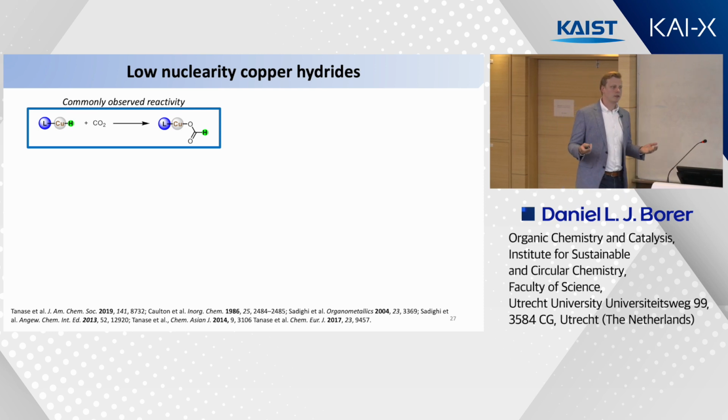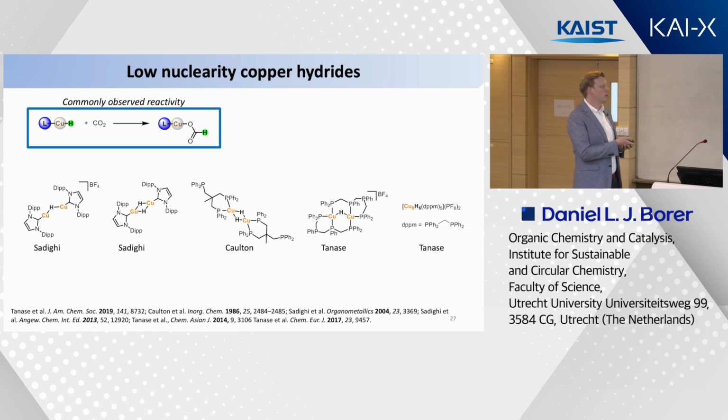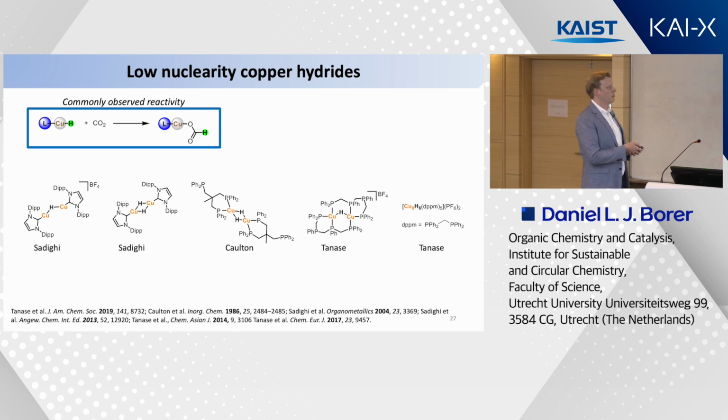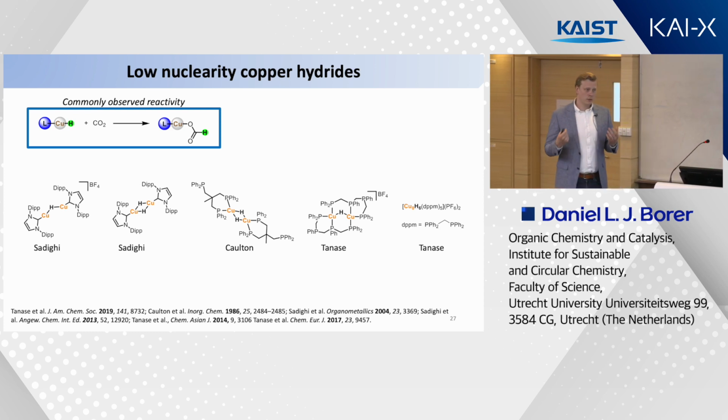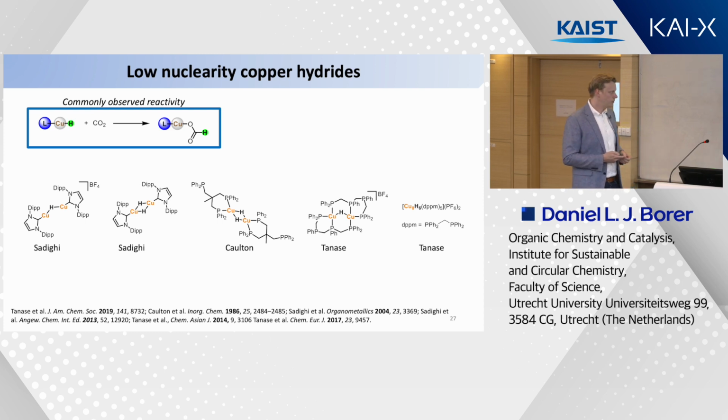And well, nowadays there's a lot of interest in doing CO2 functionalization, and indeed most well-defined low nuclearity copper hydrides, such as the ones that I showed before, or a neutral analog with 2 hydrides, this example here from Ken Carlton or from Tenace, indeed all show this distinct reactivity. You have a copper hydride, you add CO2, you basically form a formate via a hydride insertion pathway. And subsequently, you can hydrosilylate CO2 to form siloethers.